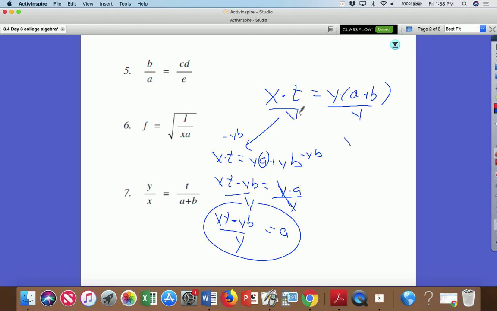So it's going to be xt over y equal to a plus b, and then subtract b. Now the only thing is, don't put it over the y. Just put it all by itself. So xt over y minus b equals a. Either one of those is right.